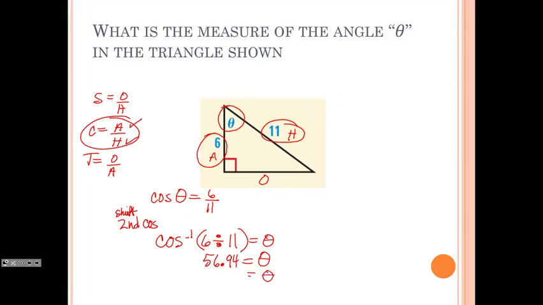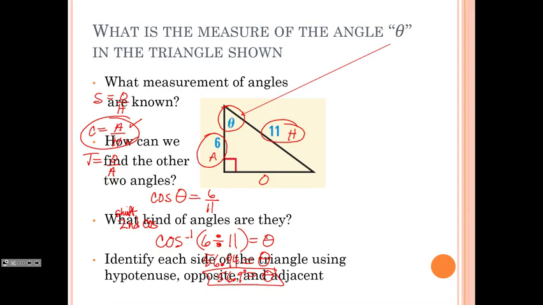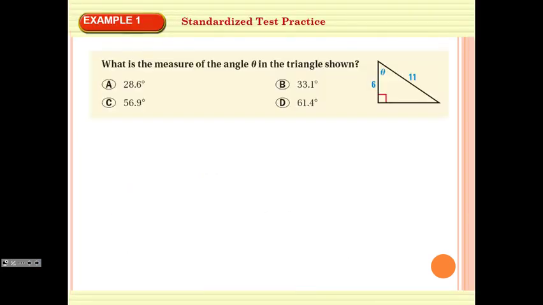Check for directions, maybe it's to the tenth, so it would be 56.9 degrees. That is how big our angle will be. Okay, we've gone through this. Sorry about that, I kind of wrote over the top of all that. Here we go, so 56.9, there's our answer.